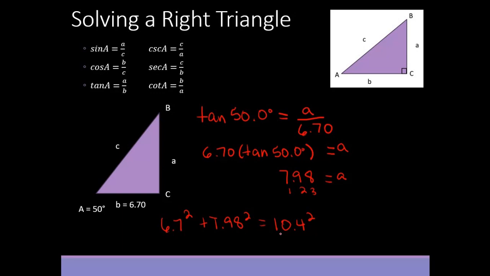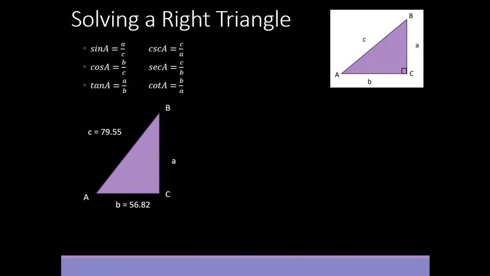And when I do my calculations, it is very close. Because this is the same thing as saying b squared plus a squared equals c squared. That's our Pythagorean theorem. All right. Very good job on our first one. Let's try another.